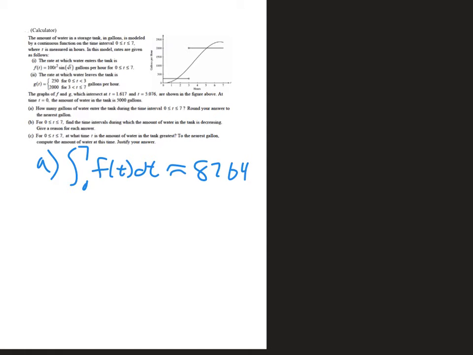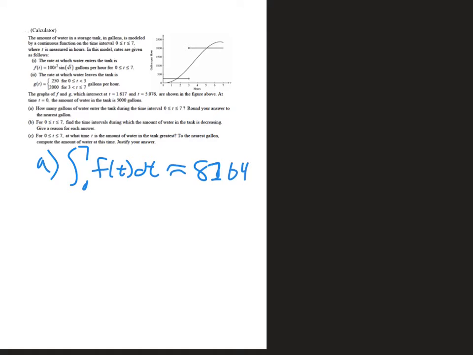They want this problem rounded to the nearest gallon. So that's how many gallons of water enter the tank in the first 7 hours. That's all we need to show. One little note, College Board questions are always in terms of radians, not degrees. So make sure you are in radians, not degrees.